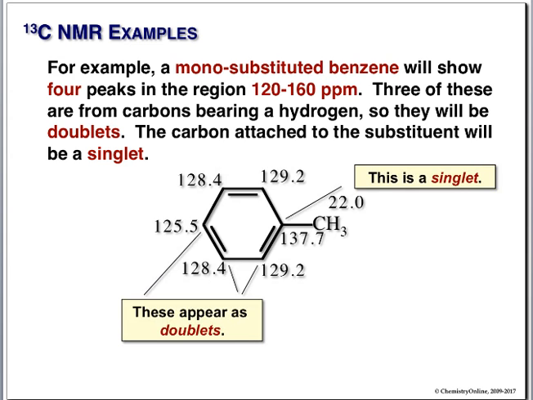Once again, this guy's a singlet. These will show up as a doublet. This is a doublet, and this is a doublet. By looking at that, you can immediately tell this must be a monosubstituted benzene, right? Let's look at a real one.